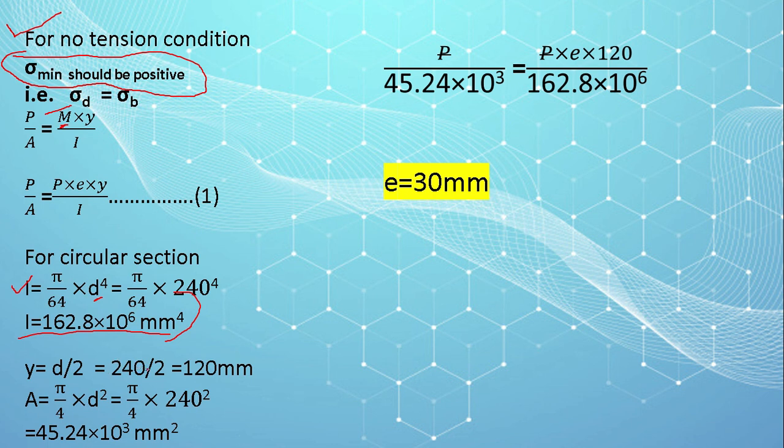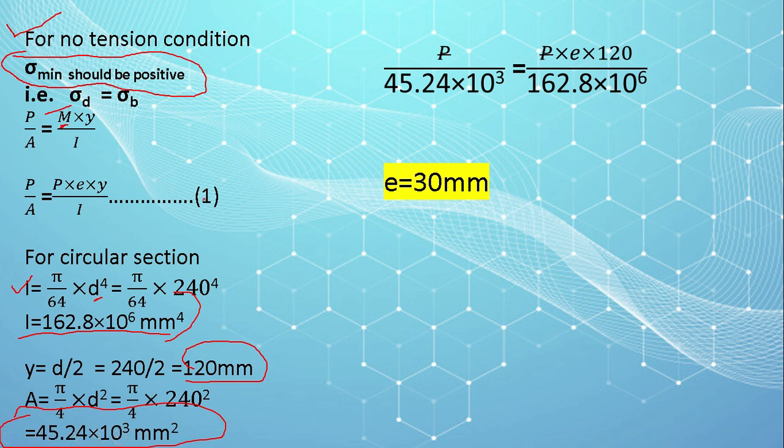Therefore, 240 divided by 2 is 120 mm. And cross section area of column is pi by 4 d square. Therefore, area is 45.24 into 10 raised to 3 mm square.